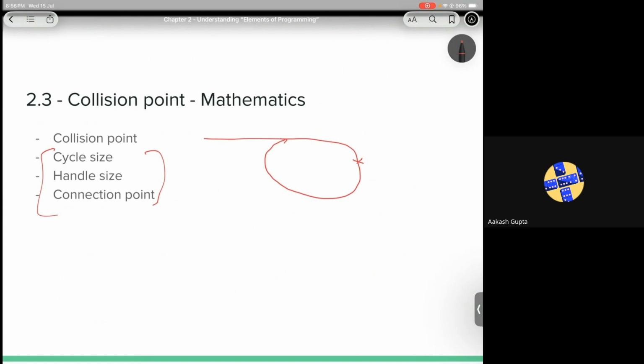To determine the cycle size, we simply have to move the slow pointer n number of times, where n will give the cycle size. So we put the fast pointer here, and we move the slow pointer one step at a time, and we count how many steps it took to reach the fast pointer again. The number of steps will be equal to the cycle size. Very simple, nothing to do here.